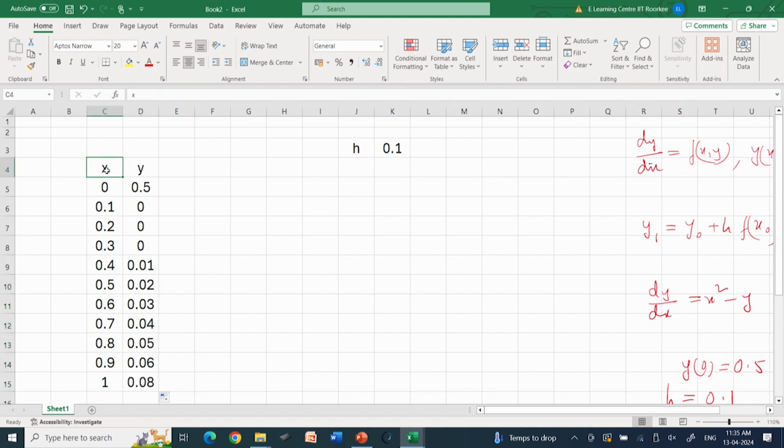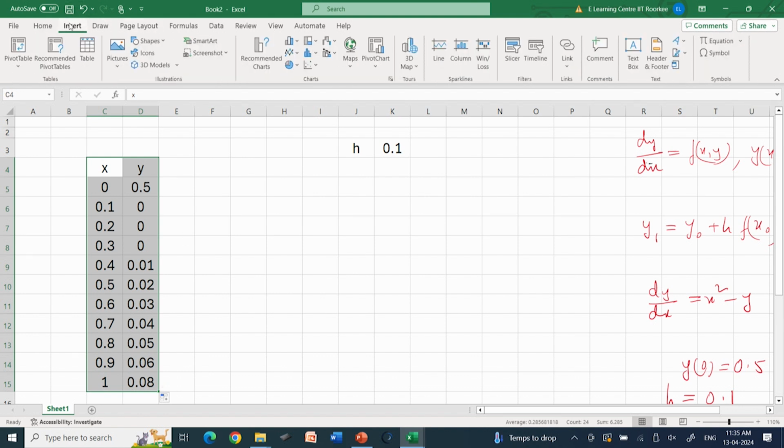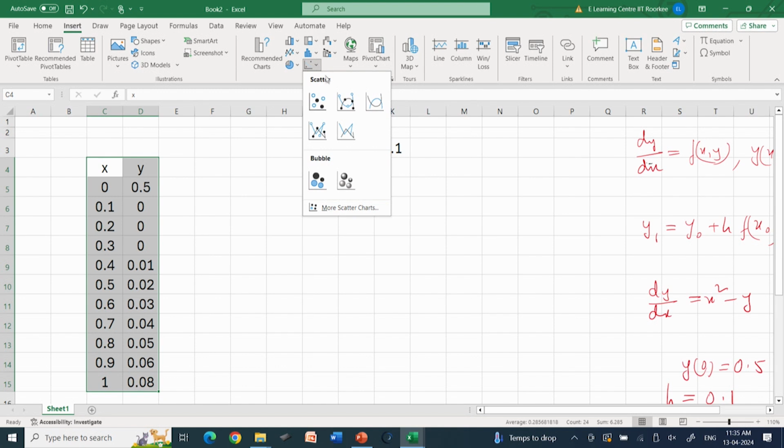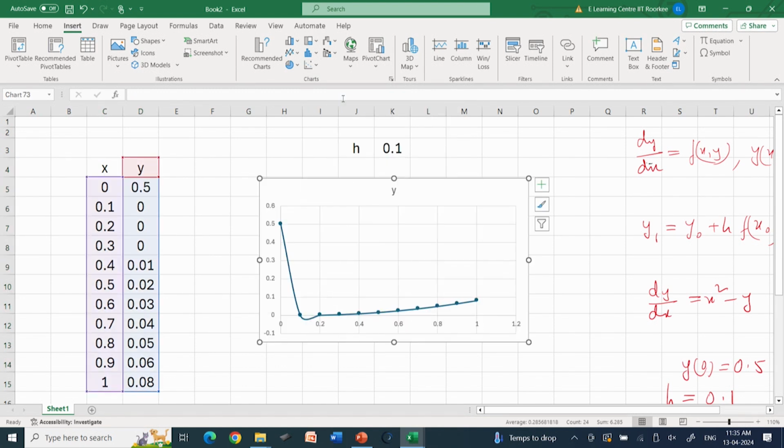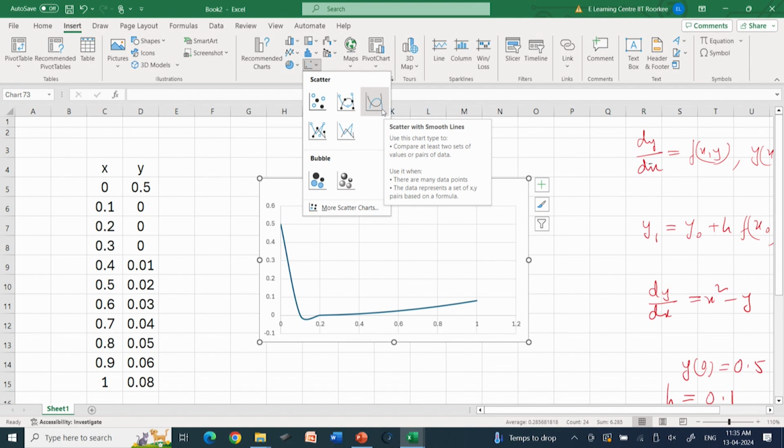So, you take the x value, y value, select up to this much, go to insert, go to the plots, and I plot this value. Either you can choose along with the points, or if you want you can just make it smooth.